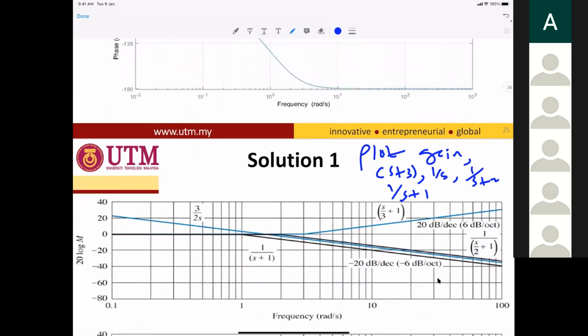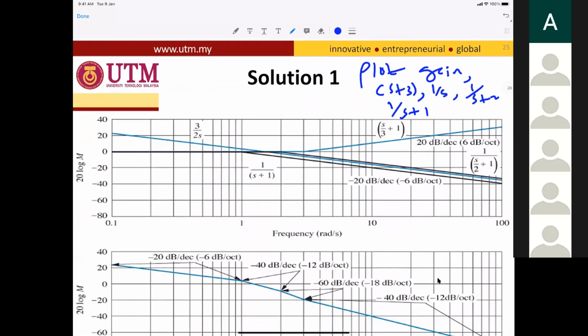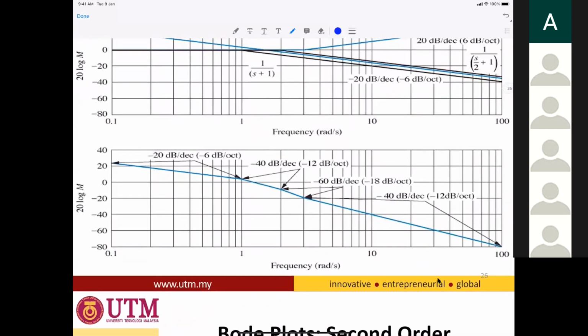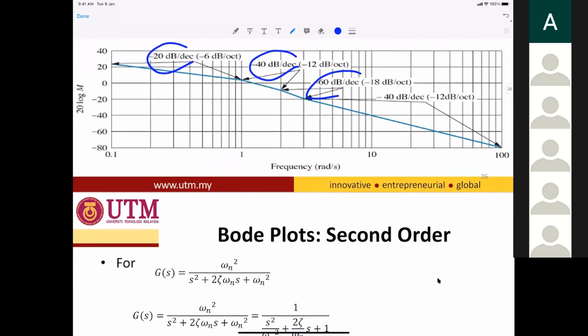So you plot each one like this, and at the end, you sum up everything. This is using the manual method. You can see there's a lot of units there: decibel, minus 20 decibel, minus 40 decibel, and so on.